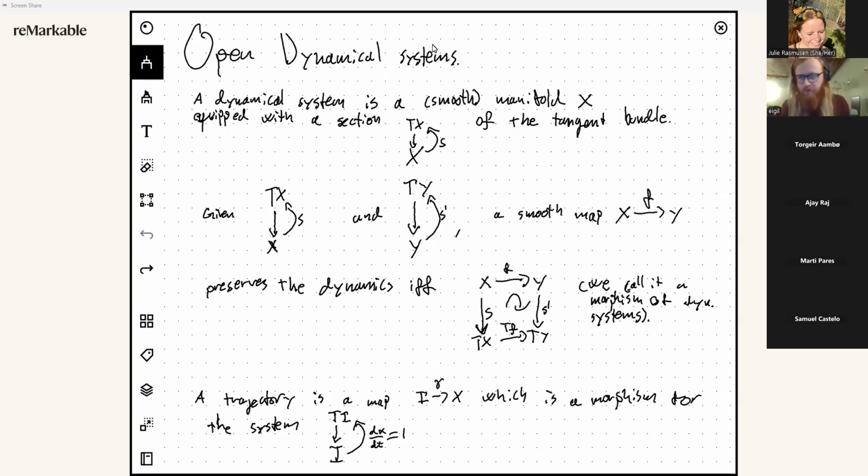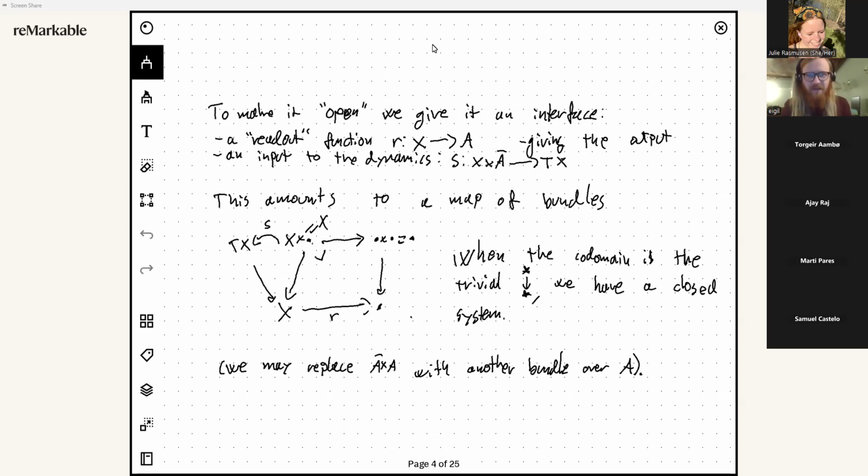Okay, so it says open dynamical system at the top of the page right now, but what I just said is actually what I would call a closed dynamical system. So to make it open is to give it some kind of interface, some way of interacting with other systems.